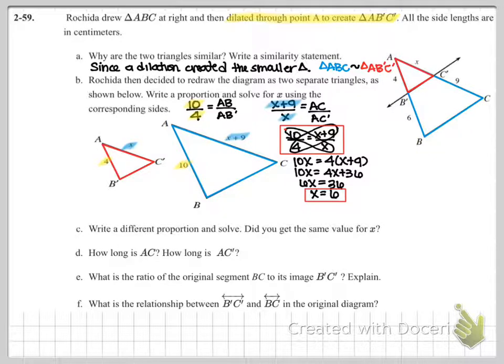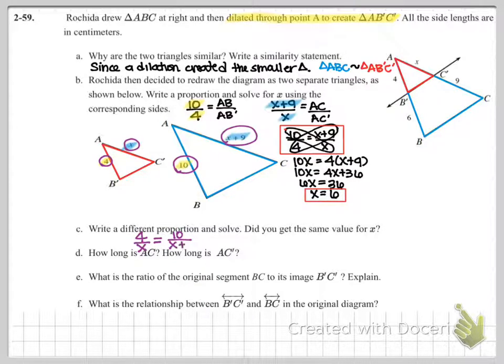Another way to do it is that you can actually go from units inside a single triangle to units inside the other triangle. Just be careful. So I know that I can put 4 over x. So 4 over x equals, and then just again, be careful. Notice that I went yellow over blue. So I could do yellow over blue, 10 over x plus 9.